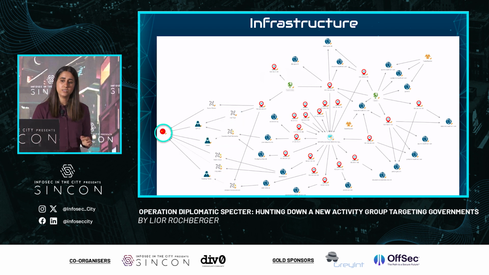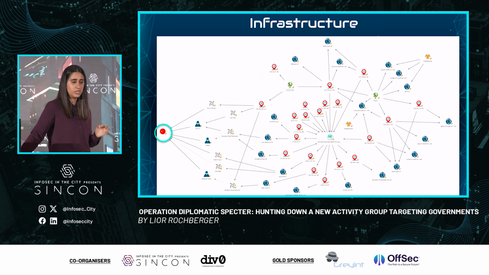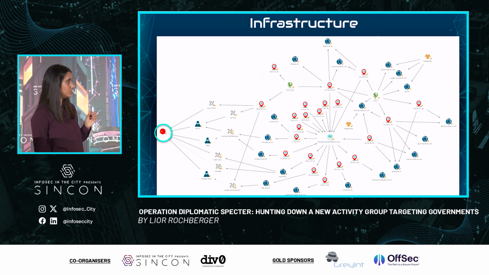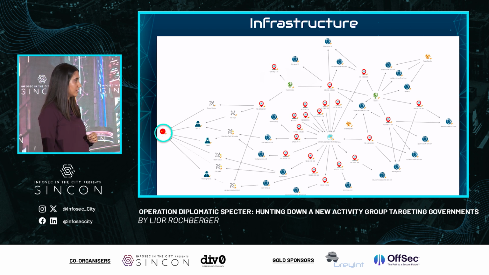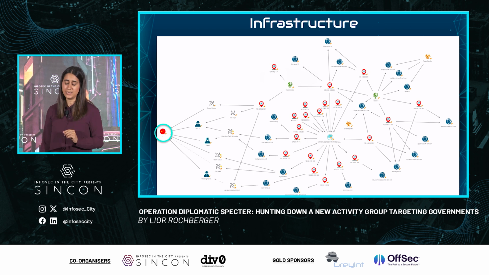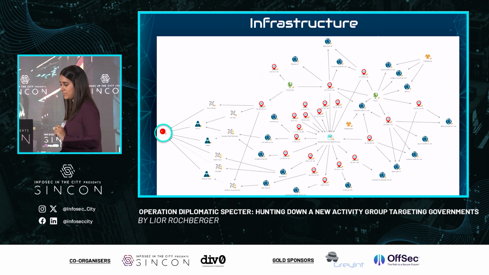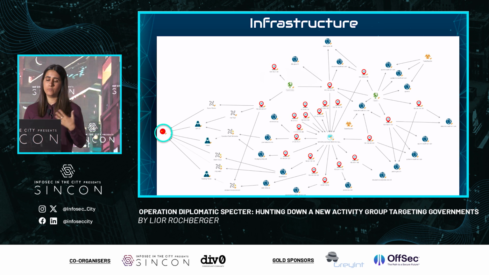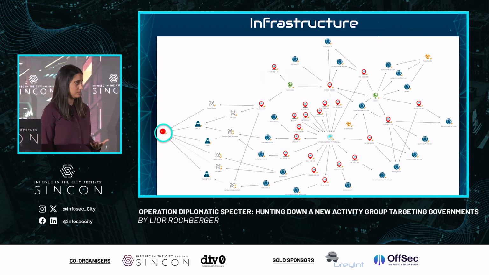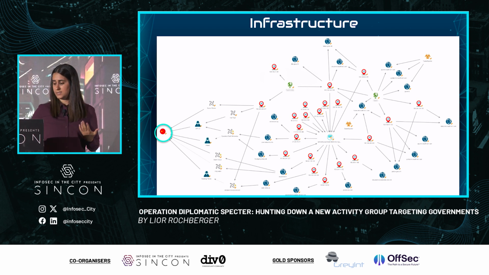At this point, we understood that we have an operational infrastructure that is shared among different Chinese threat actors, and Chinese threat actors only. We did not find any other threat actors using this infrastructure. But of course, we wanted to have more evidence to support this suspicion, so we had to collect additional data.